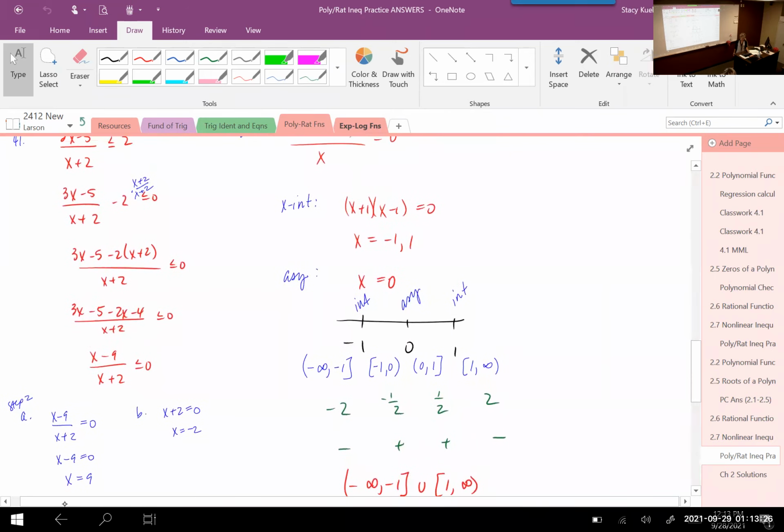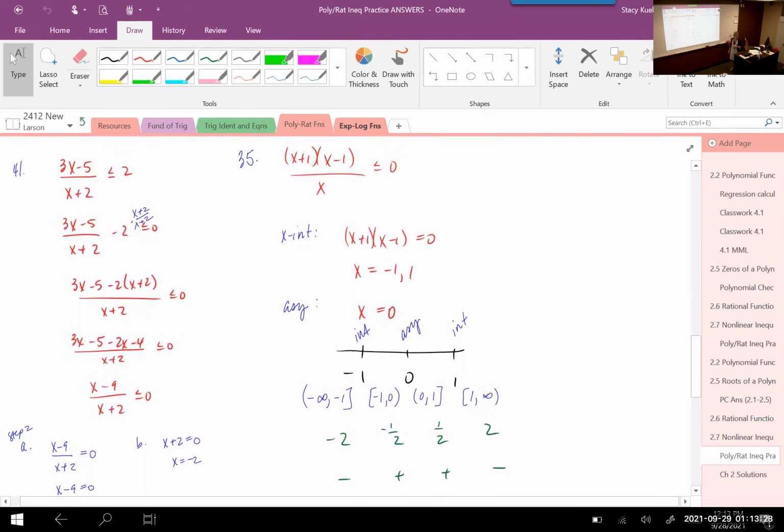So when I subtracted 2 to the left, multiplied by the common denominator, and simplified, I got (x minus 9) over (x plus 2) is less than or equal to 0. But what would -5 minus 4 be? Oh yeah, -9, right? -9.